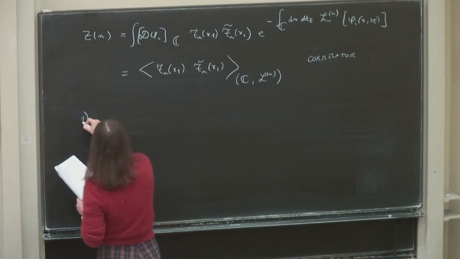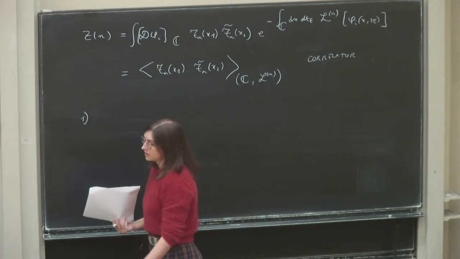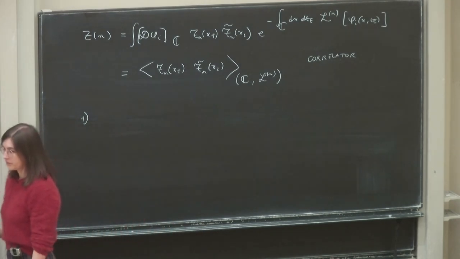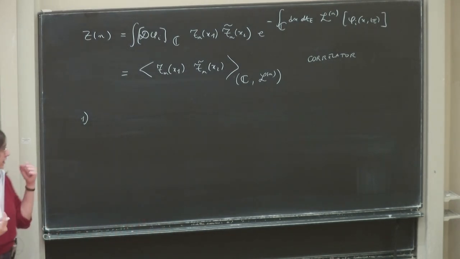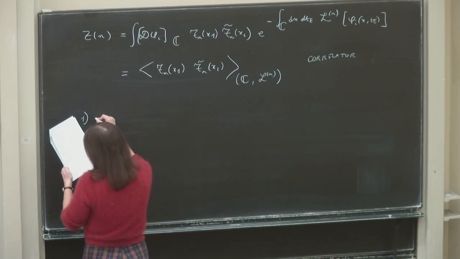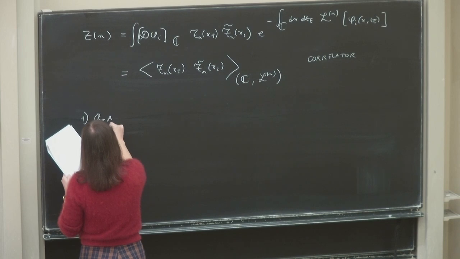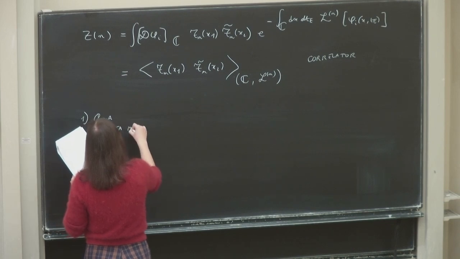Just to repeat the difference between these two points of view, because often they're a bit entangled, I want to disentangle these two perspectives. The first is in terms of the replica manifold.